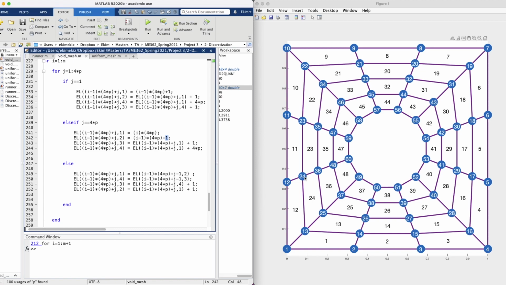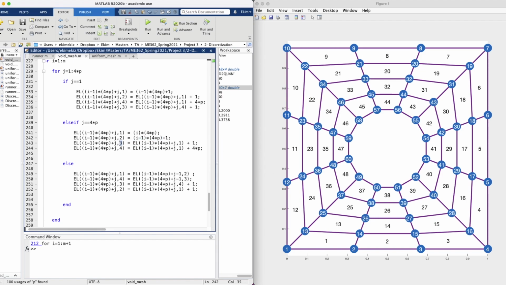So let me repeat. For the 24th element, this is the first node, this is the second node, right? Our first node is 24. With I minus 1 times 4p, we go back a row, so we're at the 12th node now, and we add 1 to it, such that we get our second node.